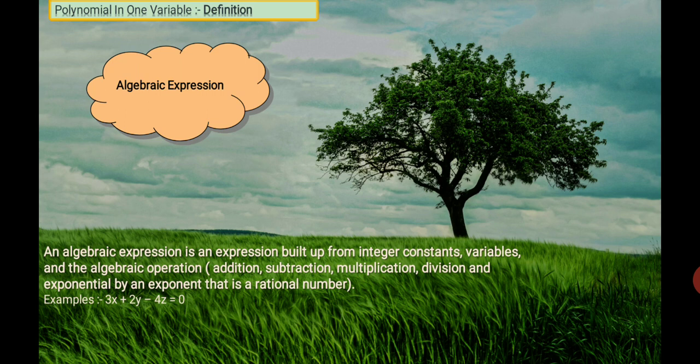When we know the algebraic expression, then we must know polynomials. Poly means many. So many algebraic terms come together with constants and variables, that is called a polynomial.